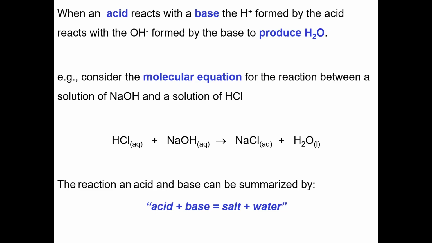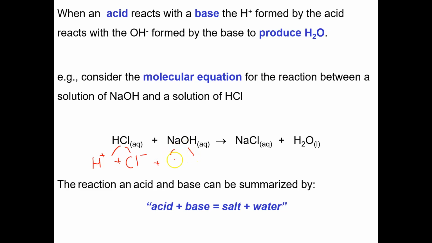So this is a typical molecular equation for an acid-base reaction. In this case, it's quite a simple one. It's the reaction of sodium hydroxide, which is our base, with a solution of hydrochloric acid, HCl. And so what's going to happen is that the acid will dissociate, forming hydrogen ions and chloride ions.